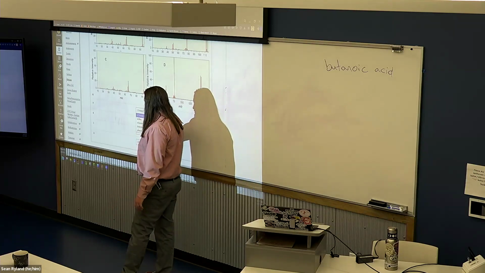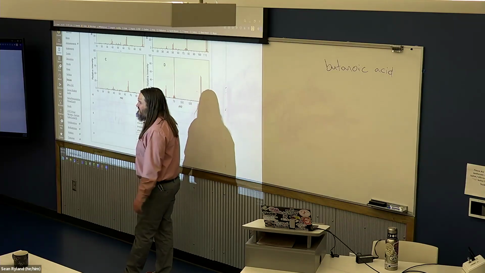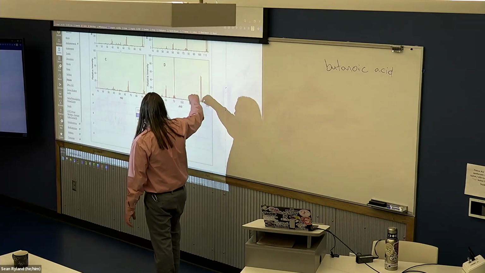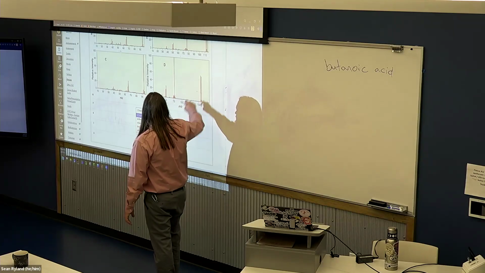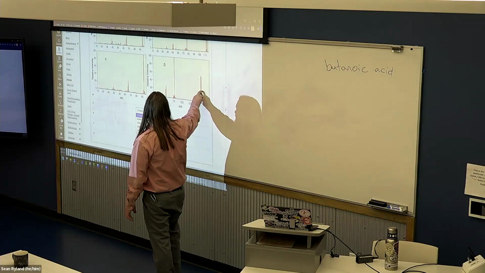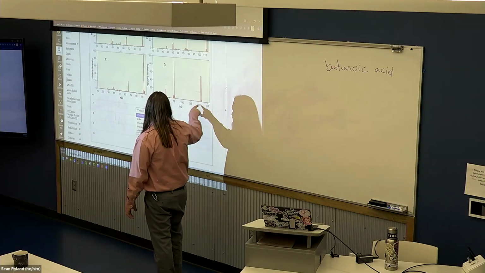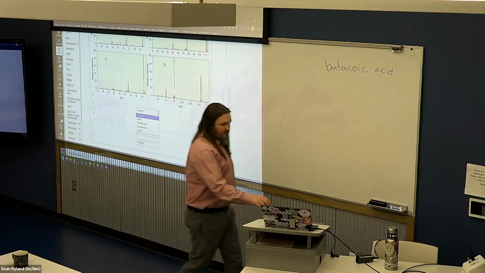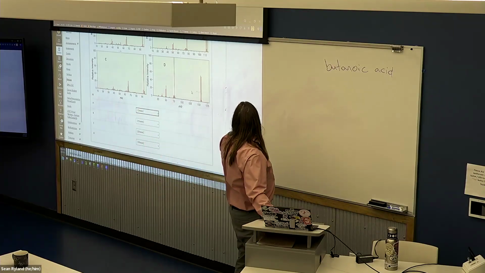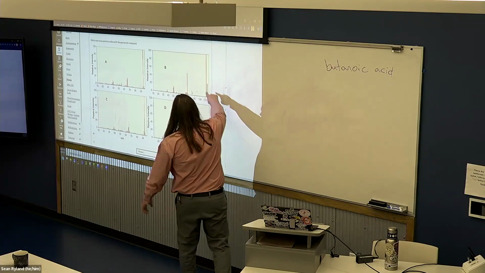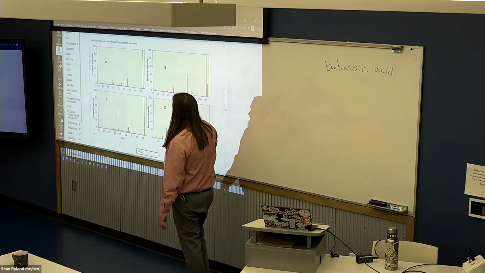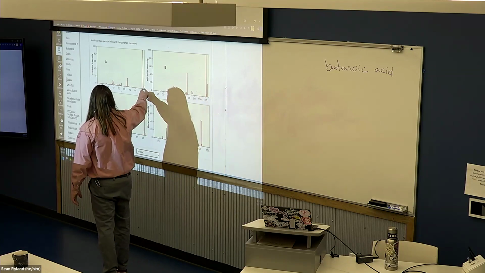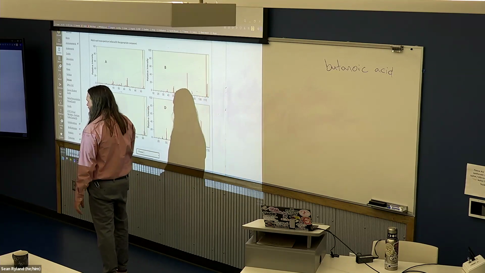Chlorobenzene, bromobenzene, phenol, and aniline. Aniline is the amine attached to benzene. Without even looking at it too much, that's definitely bromobenzene because you got that isotope effect, and it's the one that is heaviest. There's a 3-to-1 isotope effect. That's definitely chlorobenzene. Then out of these two, you just have to be careful with your molecular weight.